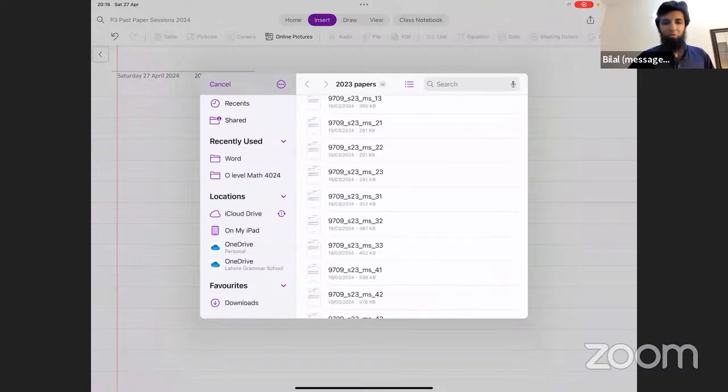Again, have a look at the poll, have a look at the paper again, and then let me know the questions that you find difficult. The poll is posted in the WhatsApp group. Make sure to respond to that as soon as possible. So there are 3 questions that I see there from the other paper as of now. 8, 9, and 11.